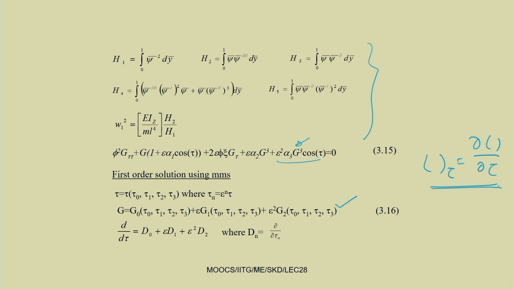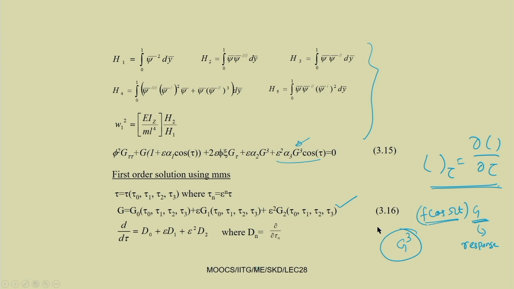Previously, in the case of the Mathieu-Hill type of equation, the forcing term f cos omega t is multiplied with g or u or x, whatever you want to write. This is the displacement term or the response term. So, the coefficient of the response was a time varying term, but in this particular case it is not the coefficient of g, it is the coefficient of g cube, that is the nonlinear term.